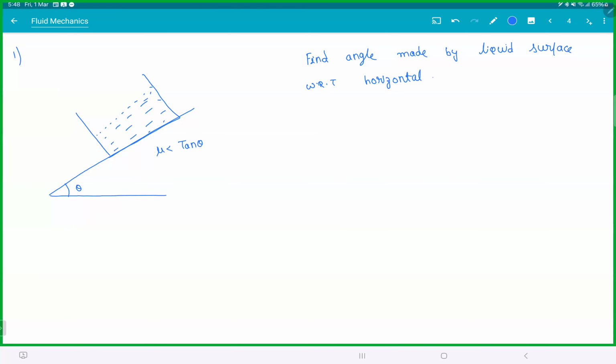Let's get this. The answer comes in terms of theta and mu.